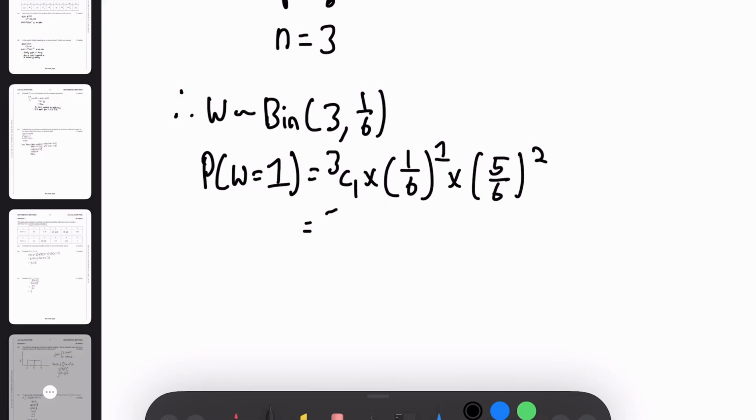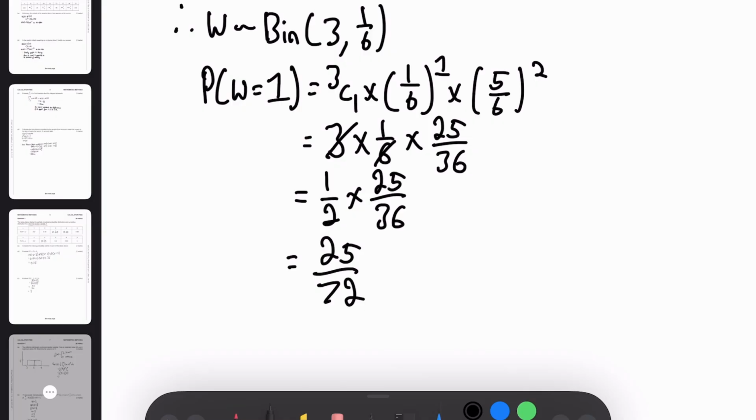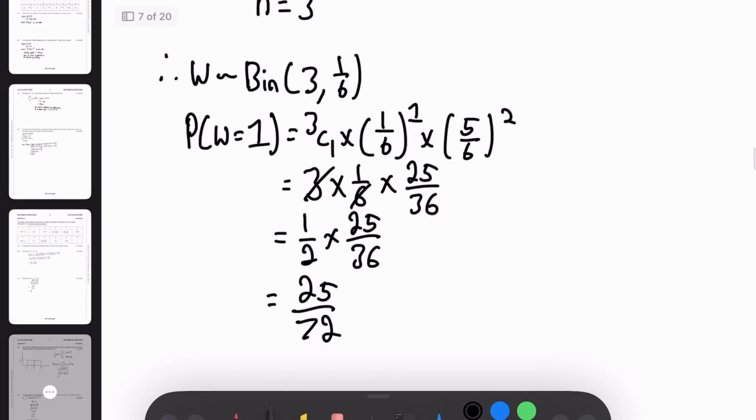Okay, so 3, 1 to the power of 1 divided by 6 to the power of 1 is 1 on 6, times 25 on 36. To simplify this a bit, we can just make that 1 on 2. So we have a half times 25 on 36, which is going to be 25 over 72. And I don't think that can simplify anymore. Checking the answer, 25 on 72.